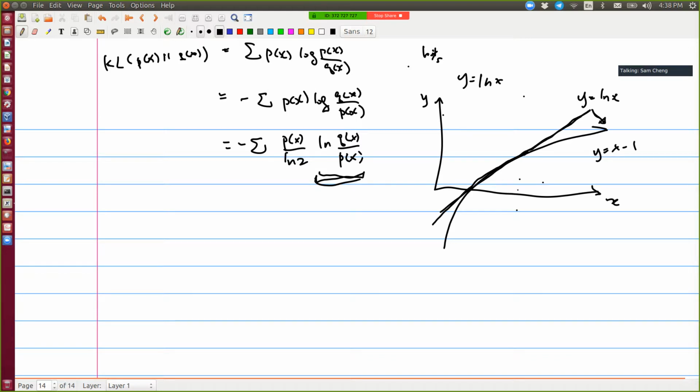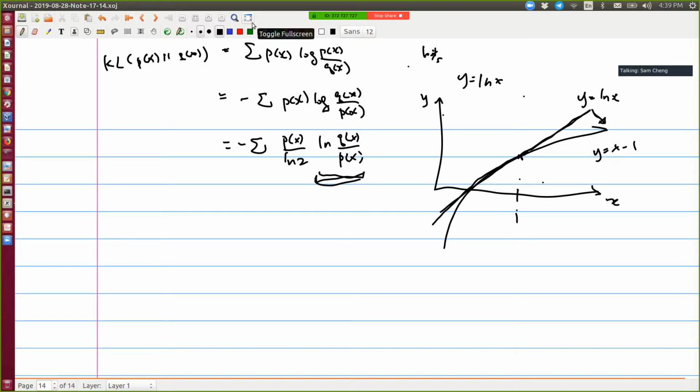I think this is 1 here probably. It's not to scale. It will hit this line exactly at x equal to 1. So it's kind of apparent here, right? When x equal to 1, they will hit each other, because when x equal to 1, y equal to log x is just y equal to 0.